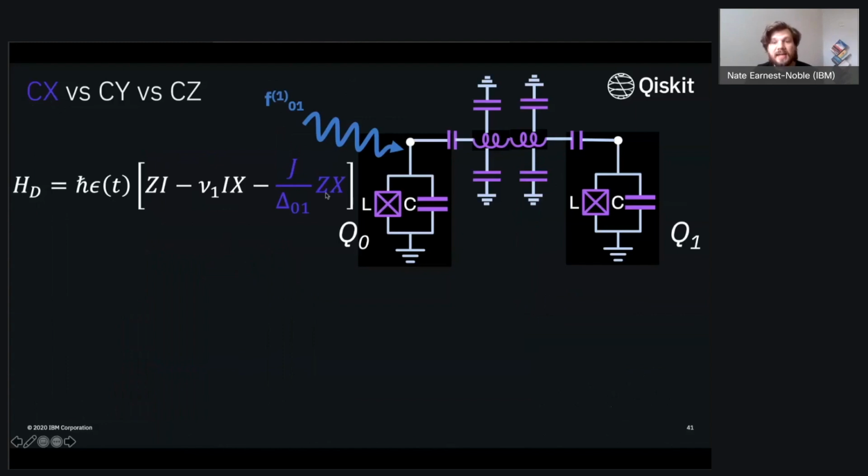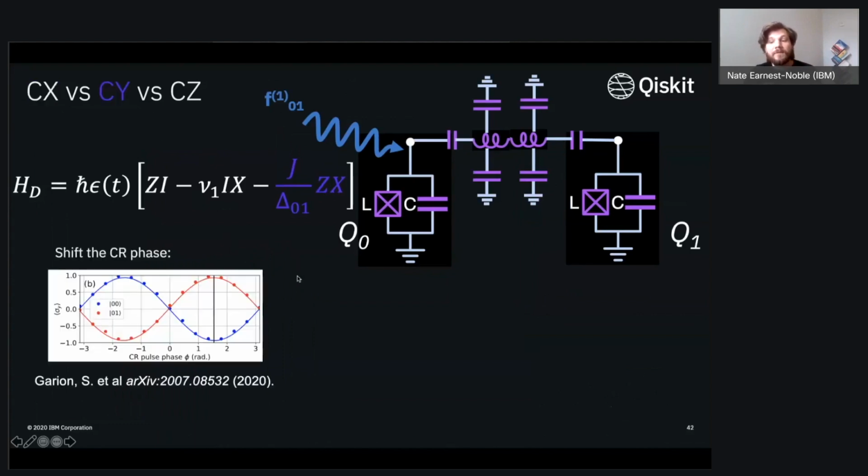To do this, here we talk about this CX gate where we've built this natural ZX interaction, and then we've talked about how we can scale that. What I want to point out is that if you now take the phase on your cross-resonance tone and you begin to sweep that, you can turn yourself from being a CX to being a CY type gate. So now you adjust the phase and use those same scaling techniques, and you end up implementing a controlled Y rotation.